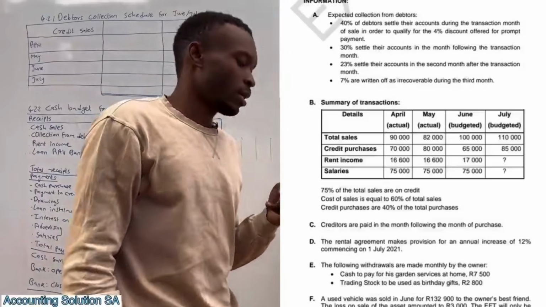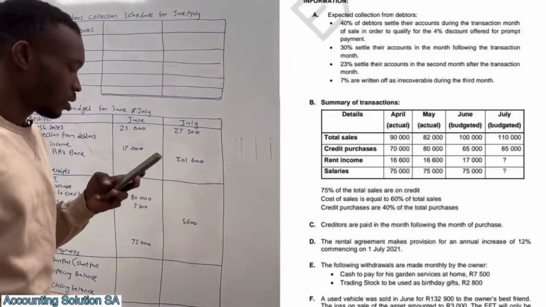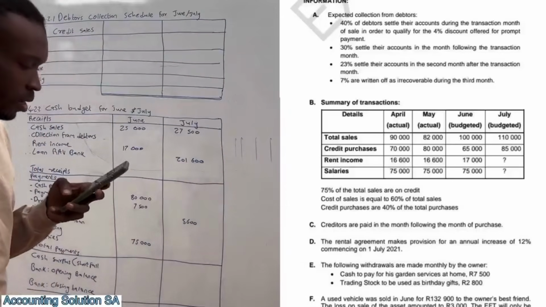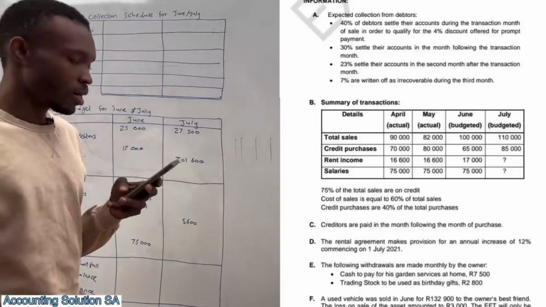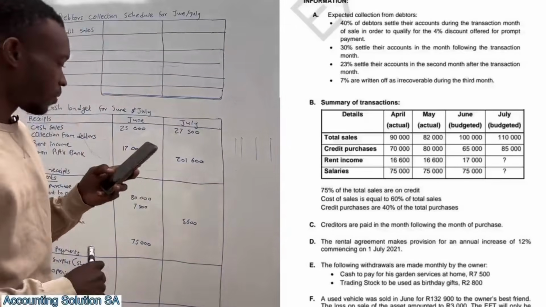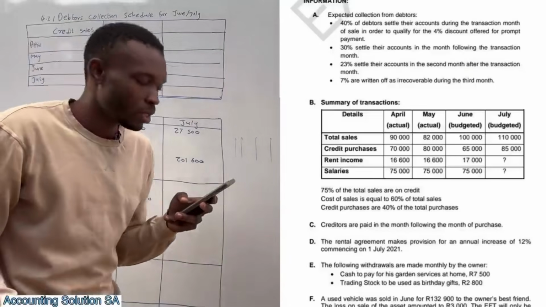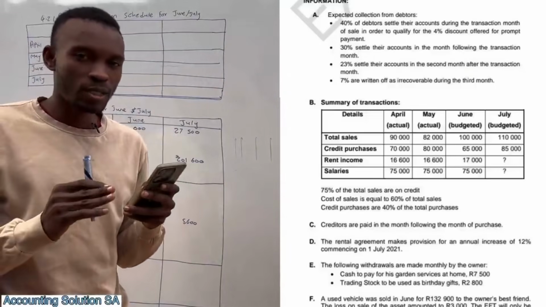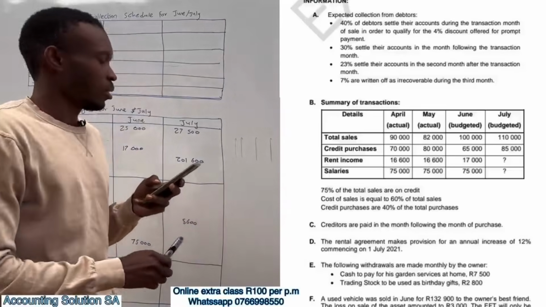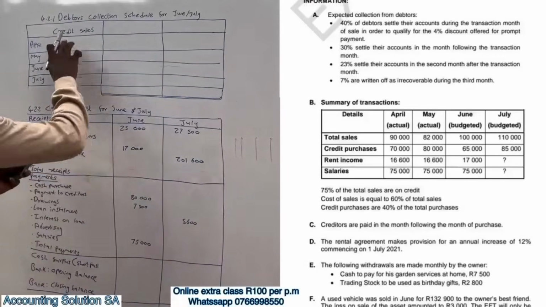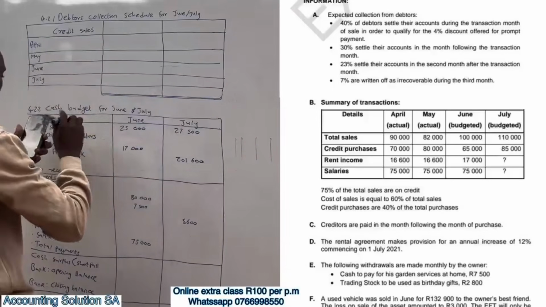Information number B, they say that the summary of transactions, total sales from April until July, is given on the table. Then credit purchases, not for now. Then they say 75% of total sales are on credit, which means that the rest are on cash. So we have to convert all those amounts to 75% because we are looking for credit sales.